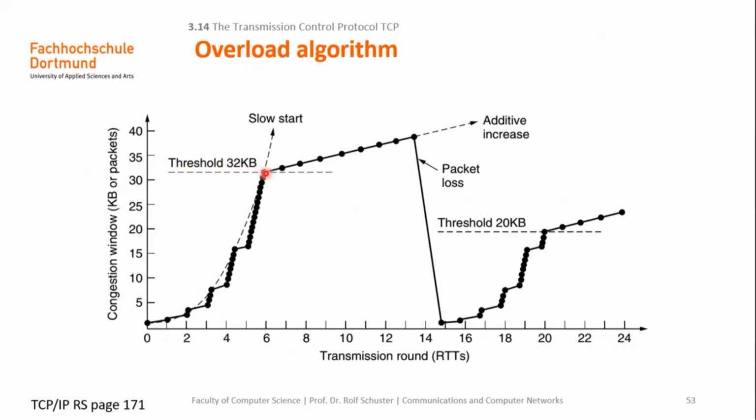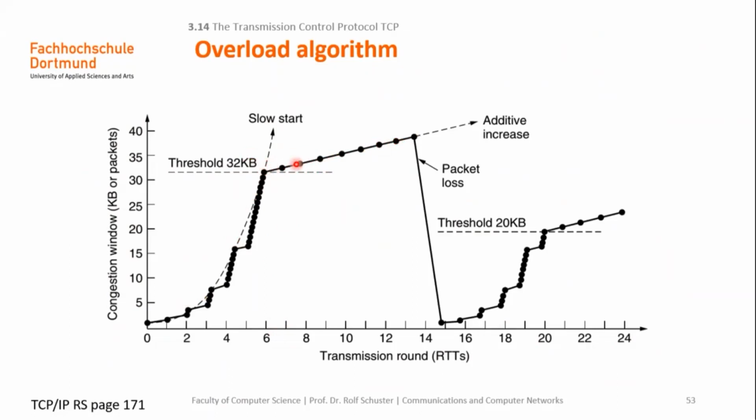After that, the congestion window will increase only 1 MSS each round trip time. Then the increase happens linearly and not exponentially like in this phase. Remember, this phase is called the congestion avoidance phase.